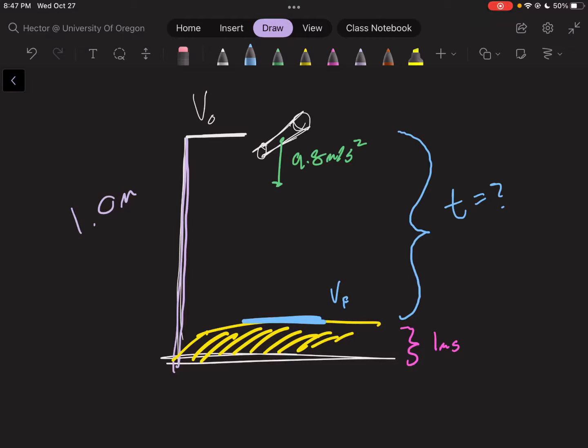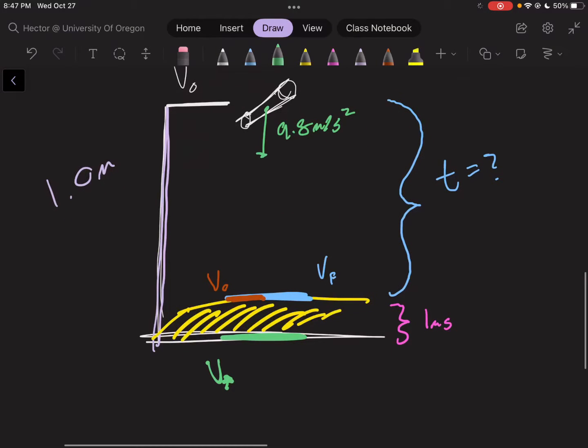This is also our initial velocity for this 1 millisecond chunk of time, and then we have some velocity final for that. I'm going to denote this very quickly as v2 and v2, so velocity not 2 and velocity final 2.